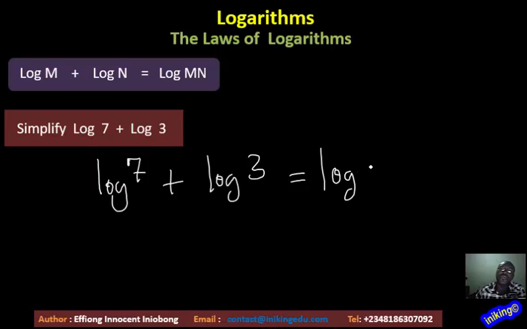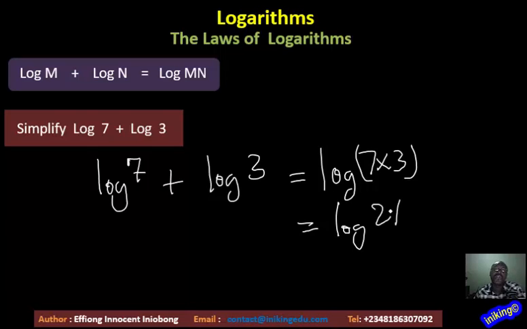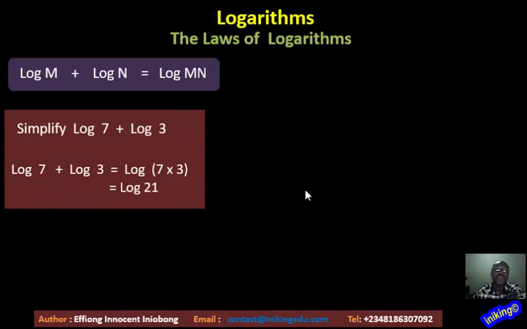When you are adding two different logarithm expressions, you can just multiply. So 7 times 3 will give us the logarithm of 21. The very straightforward rule there. So that's it. Log 7 plus log 3 is equal to the logarithm of 7 times 3, and that gives us logarithm of 21.